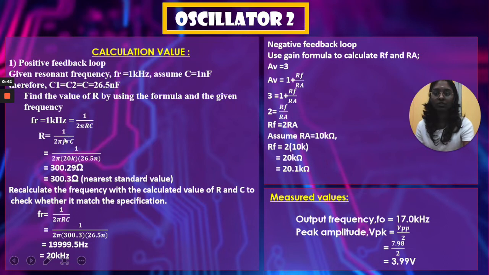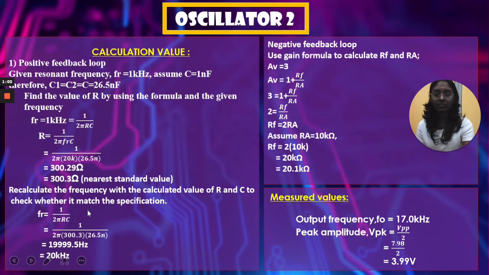R equals 1 over 2 pi FrC equals 1 over 2 pi times 20 kilo times 26.5 nano. The answer is 300.29 ohms. The nearest standard value is 300.3 ohms.